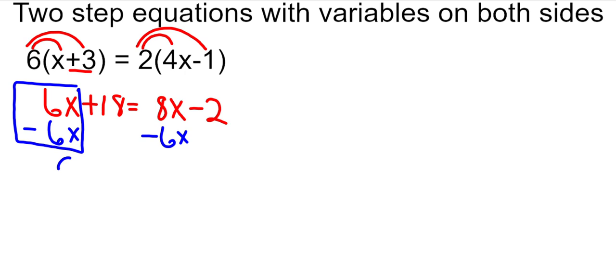So technically, I'm left with 0 plus 18. Now, I know most of the time we don't write 0 plus something because it's the same thing. So let's just not even write it this time either. How about if we just put 18? So I've got 18 on the right side.